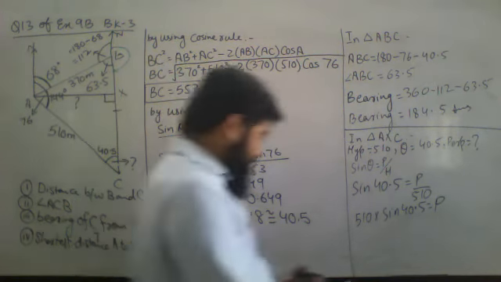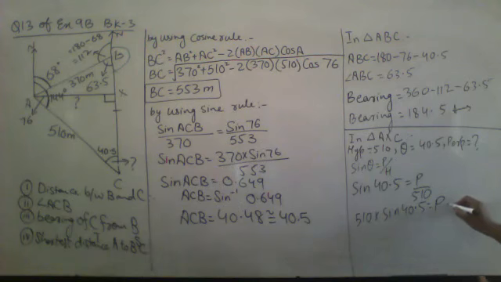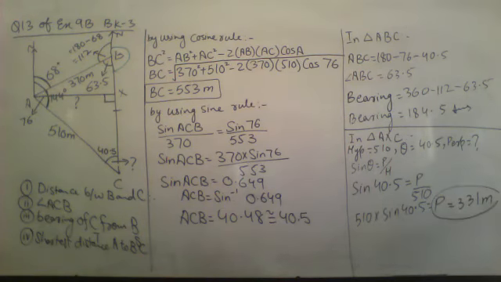So when I simplify it, the result of the perpendicular, which is the shortest distance, is coming 331 meter, and that's your final answer.